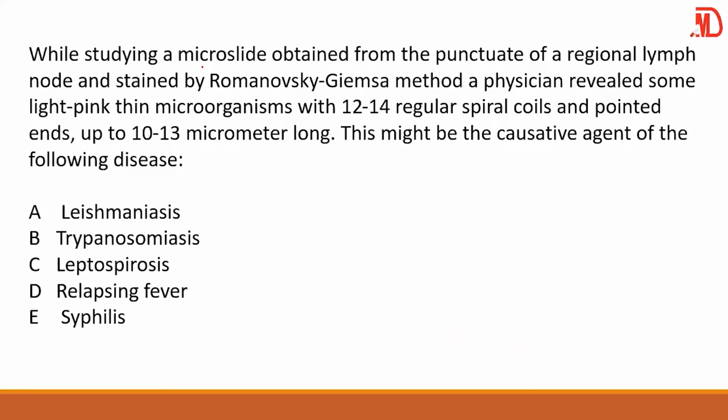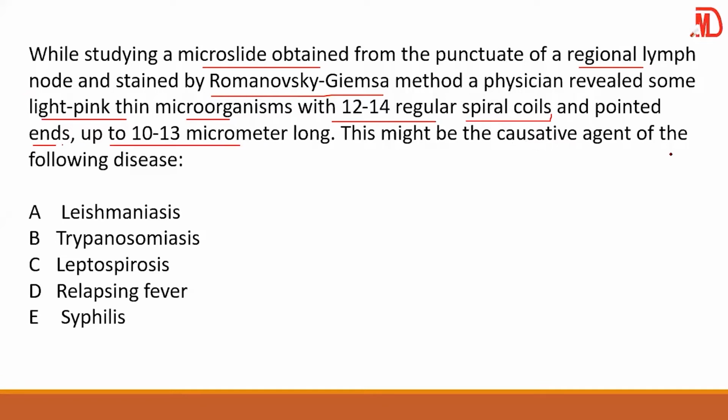While studying a microslide obtained from a puncture of a regional lymph node and stained, I was asking last time about some of these stainings. There's a staining here, Romanovsky-Giemsa, by which a physician revealed light pink thin microorganisms with 1 to 14 regular spiral coils and pointed ends, 10 to 13 micrometers long.